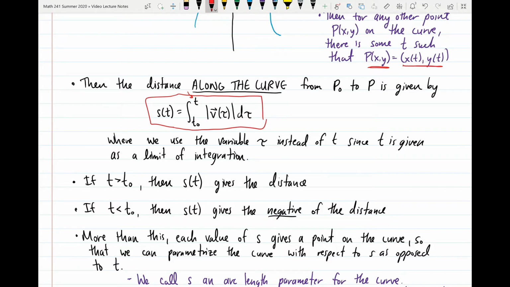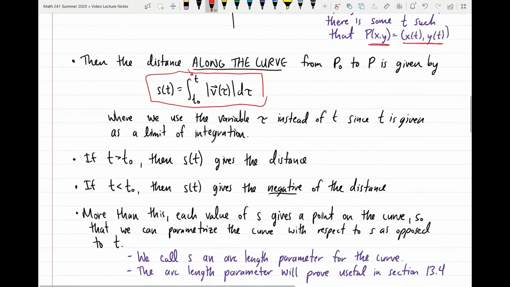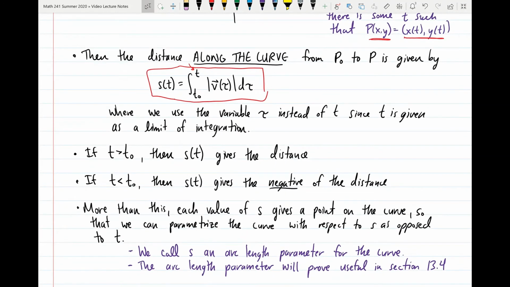It's just because we have the variable t as one of the limits of integration, so we've just replaced the variable for the velocity function with tau. And now if t is greater than t naught in our integral here, then this function by definition is going to give us the distance along the curve from our p sub t naught to the other point.